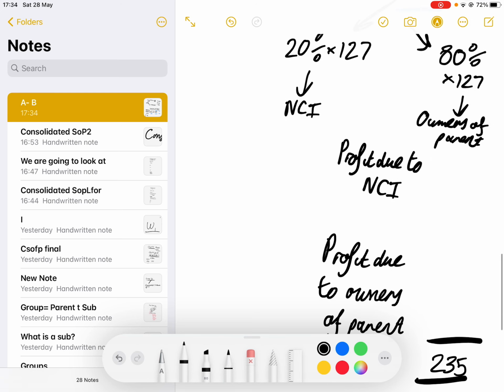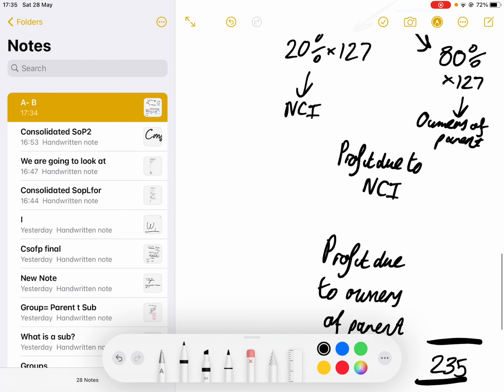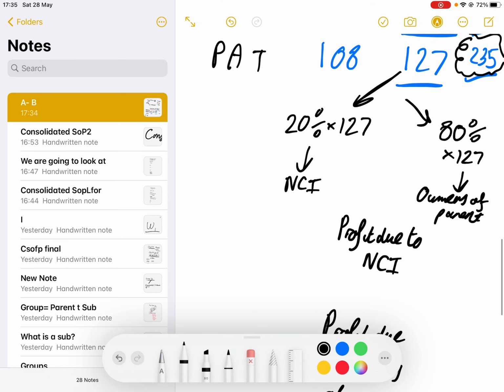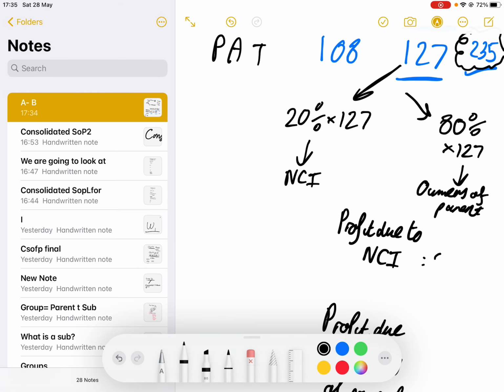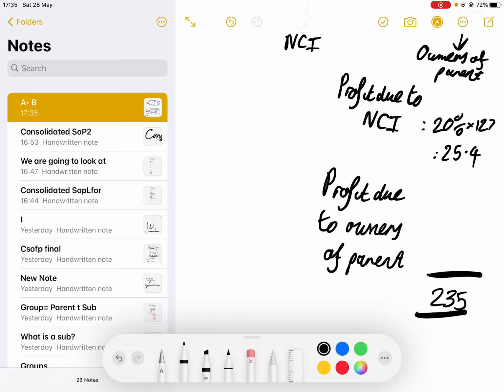So the profit due to NCI, in this case we can work it out very easily because it's only due to B. It's going to be 20% times 127, which is 25.4. Then our profit due to the owners of the parent is a balancing figure, and that's 235 minus 25.4.